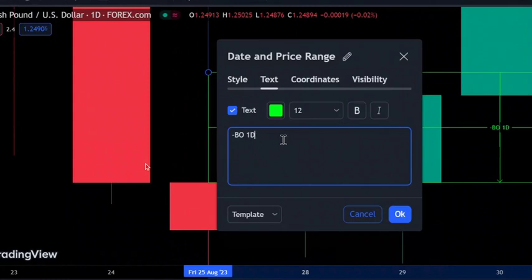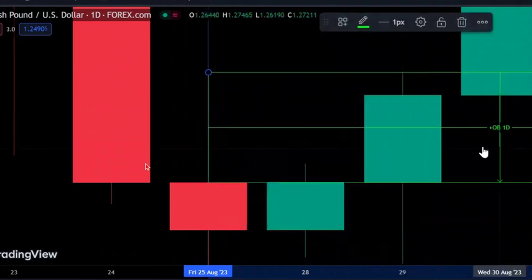Oh, yeah, bearish OB. Yeah, one day. And put zone.